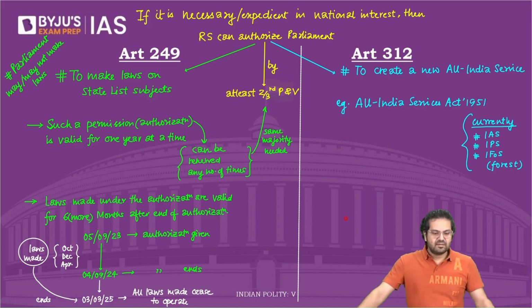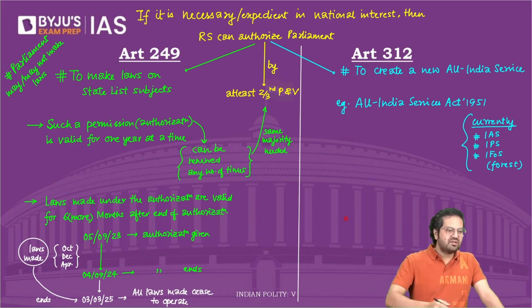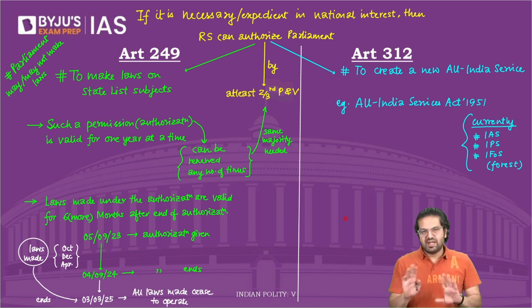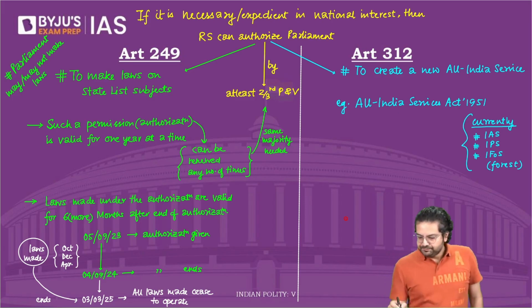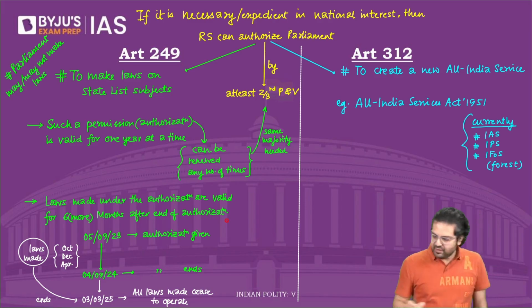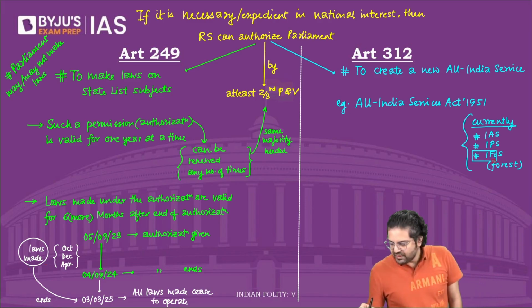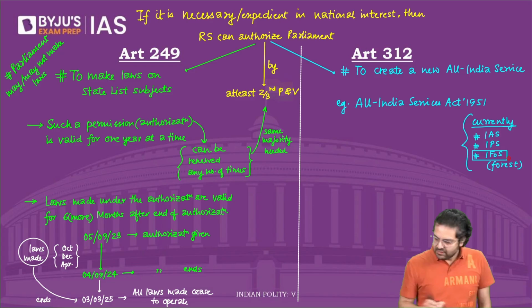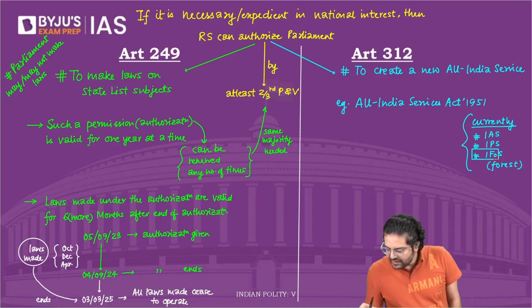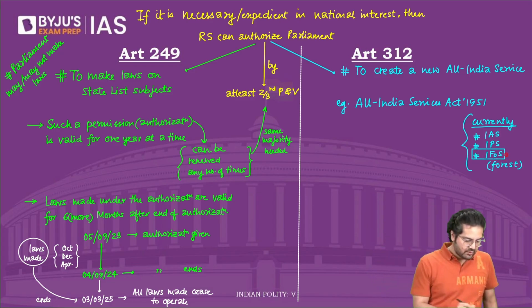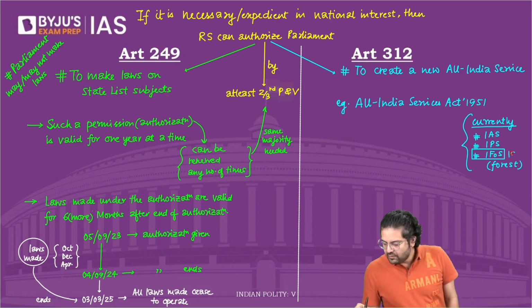Revise this, especially this, all these provisions, there can be a prelim based question only from this. Nothing beyond this can ever be asked because there is nothing beyond this. That's all you have. Clear? So the example is this only here. Indian Forest Service was created in 1966.